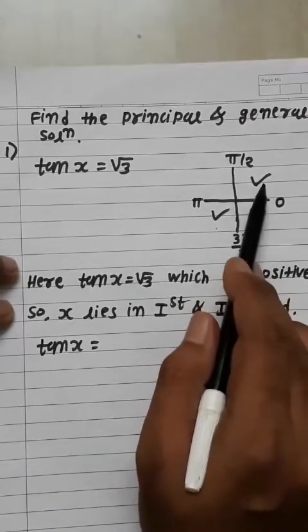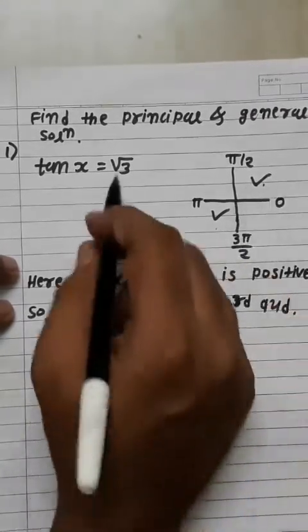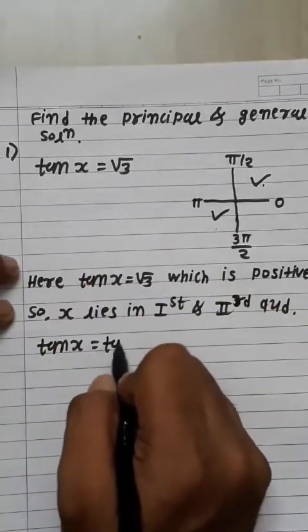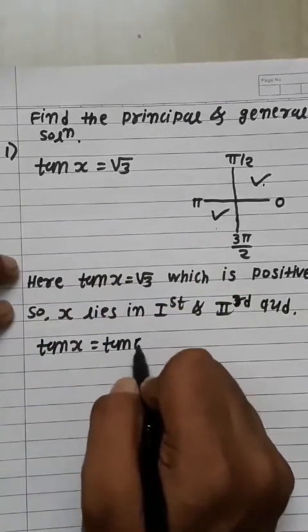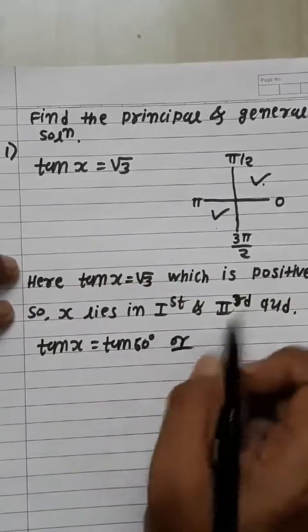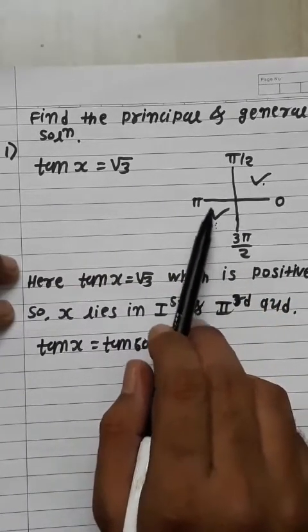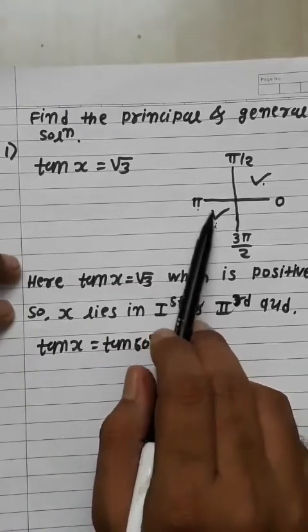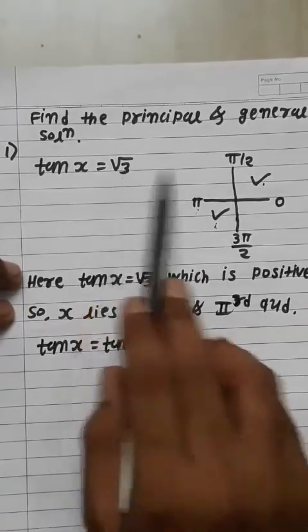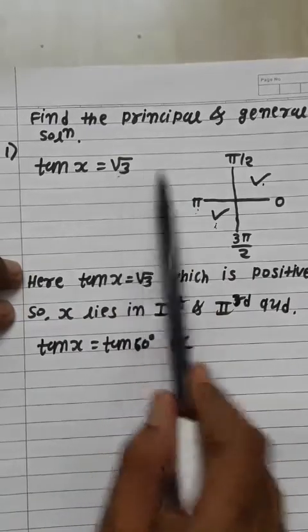So in case of the first quadrant we can write root 3 in place of tan 60 degree, or another value we get in the third quadrant because tan is positive in the third quadrant. Here we know that tan 60 is equal to root 3.